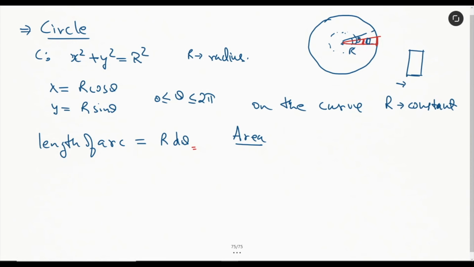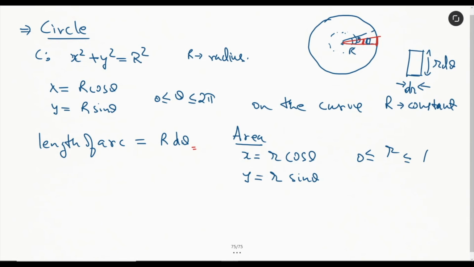This is going to be dr. This is going to be r d theta, and the area is going to be r dr d theta, which you will be integrating for r and theta both. But even then, if we are into the area, the parameter will now become x is equal to small r cos theta and y becomes small r sin theta, where r will vary from 0 to capital R and theta will vary from 0 to 2 pi.